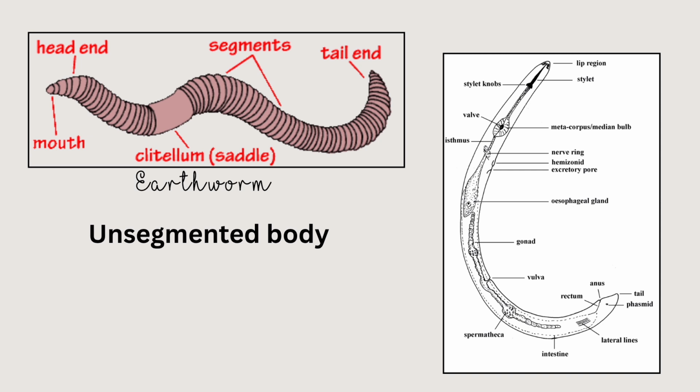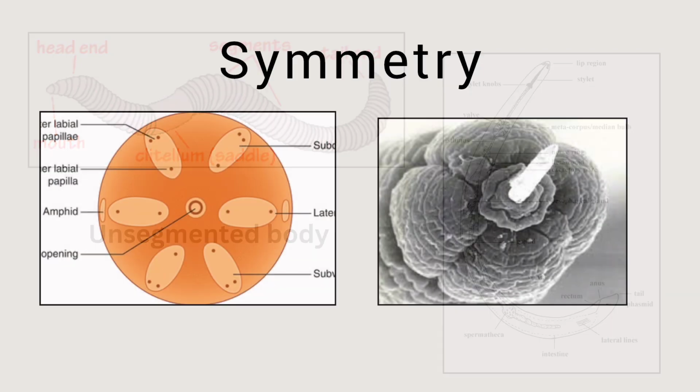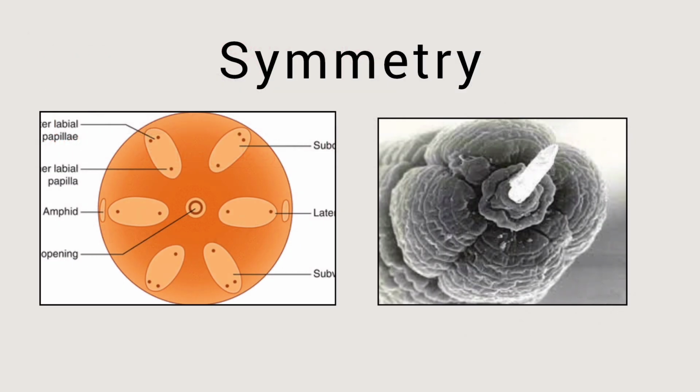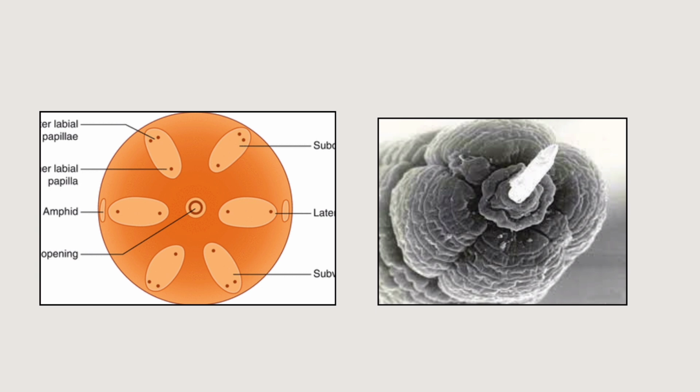So they are metamerically segmented, which is not present in the case of nematodes. Coming to symmetry, their body is bilaterally symmetrical and their oral aperture is radially symmetrical. Bilaterally symmetrical just means that along the body lengthwise or longitudinally, the two halves are mirror images of each other.